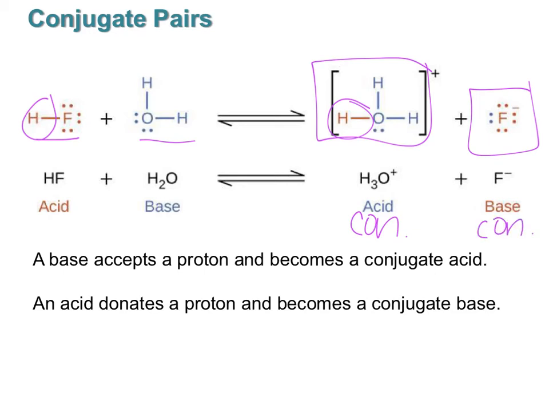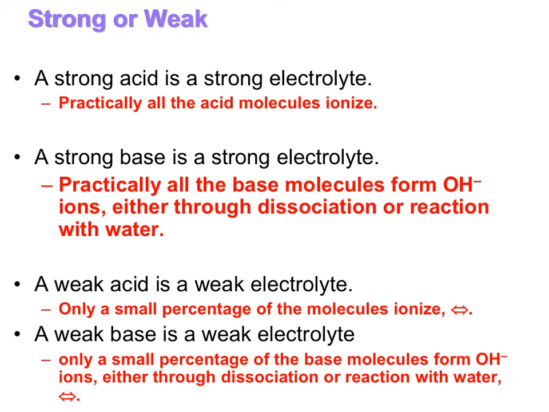So finally, we end this particular video by discussing strong versus weak acids. A strong acid is a strong electrolyte. Originally you start off with molecular compounds. So for example, let's say HCl.